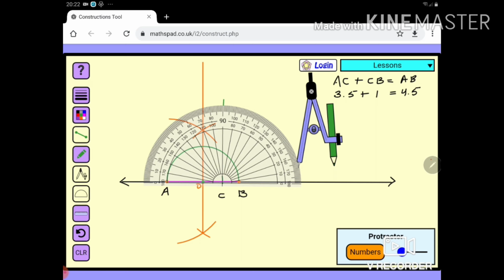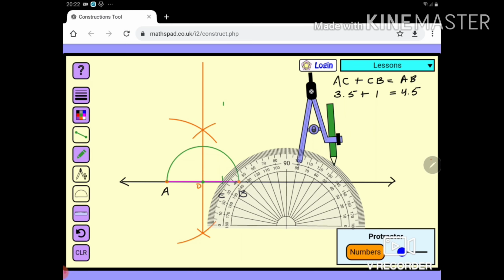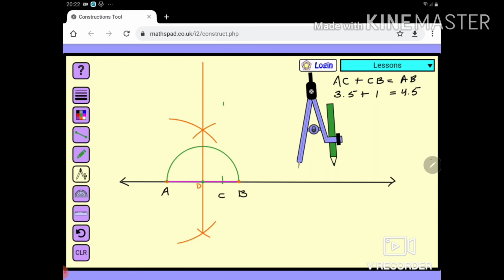So this is the point I need to take for 90 degrees, and then join C with this. Now this is the perpendicular.